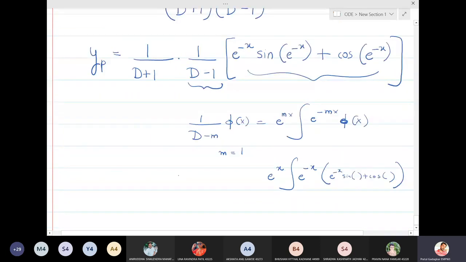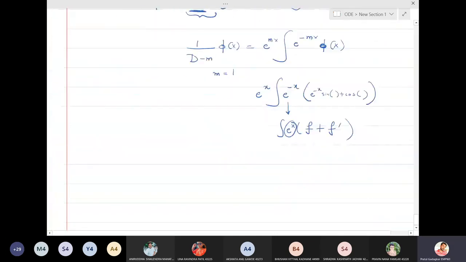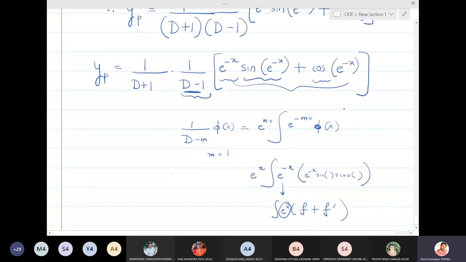And in this case, I may not be able to use the formula e raised to x into f plus f dash, because this is looking like sine and its derivative is cos into this. So here I may face a problem of e raised to x not being there inside. This is the reason I cannot use this D minus 1 for solving this component. So it is not a good choice.